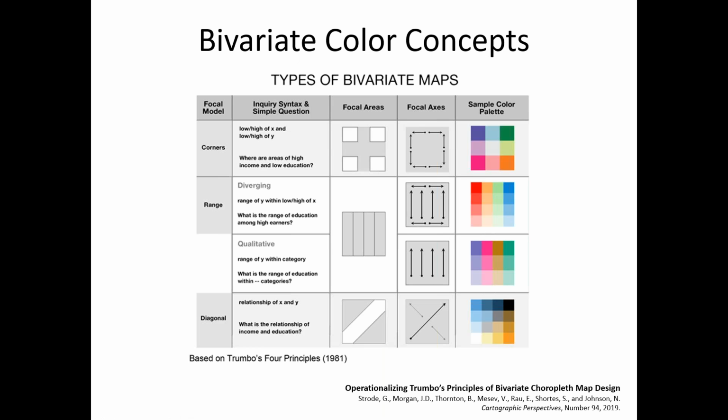Color, I just want to bring this up, and you can read more about it on your own, but there are concepts for choosing bivariate colors depending on what you want to do with your map. So I'm going to show you examples of these top two on the right side of the page later on.